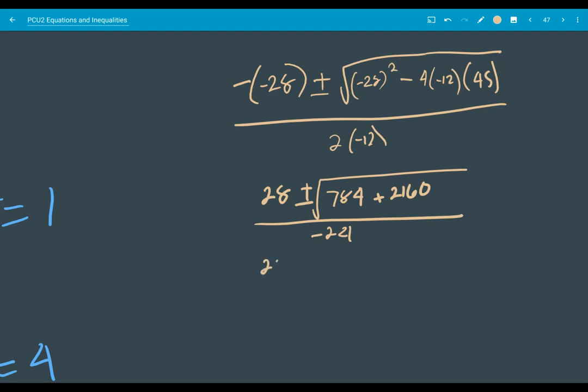So we're going to end up with 28 plus or minus the square root of 2944 all over negative 24.